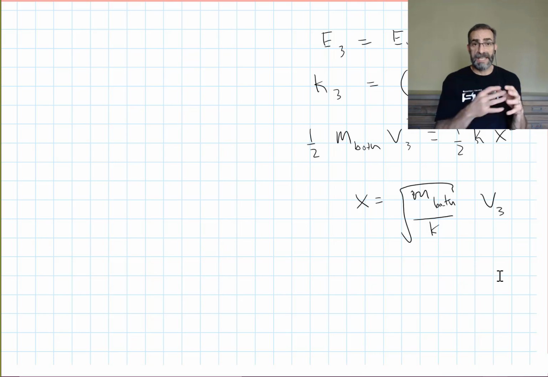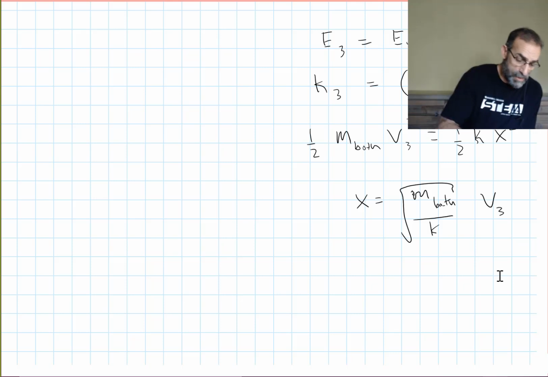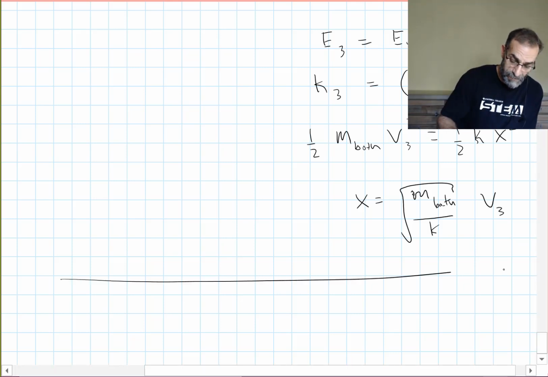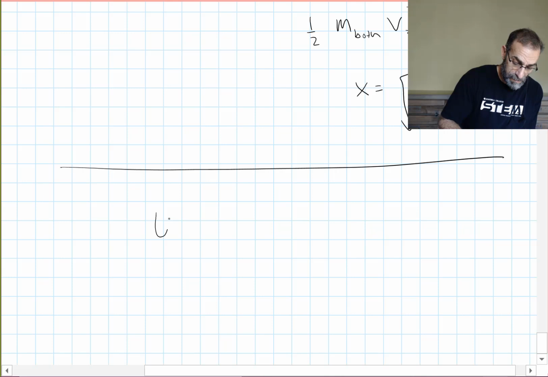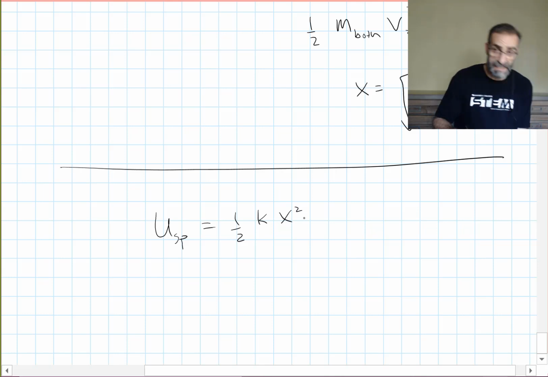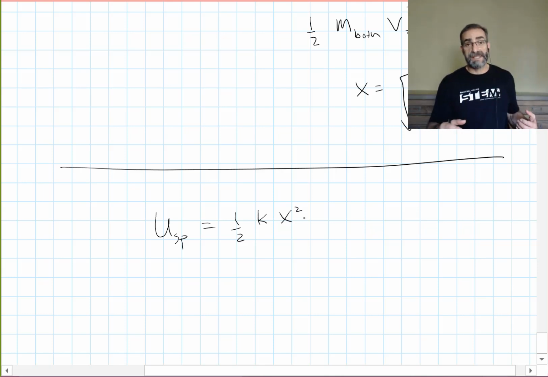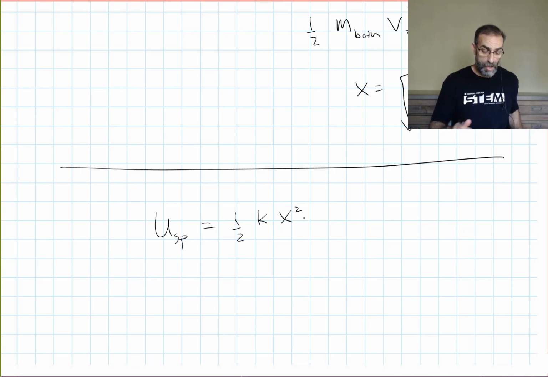We have transfers of energy within our system, which we account for using potential energy terms. So spring potential energy is always positive, 1/2 k x squared. The distance the spring is stretched or compressed is x. K is the spring constant. Always positive.